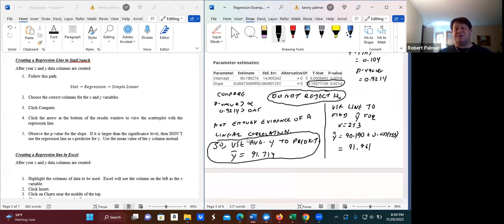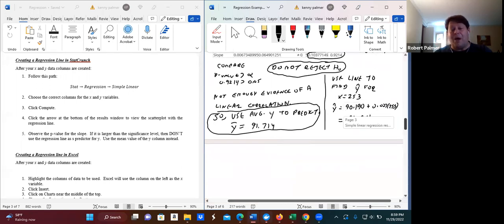Statistically, that means there's not enough evidence to use the best fit regression line as a predictor. So in a case like that, the best thing to do to predict the y values is just to use the average y value. It still may not be very good, and in this case it's not really any better, but it's better accepted because there's not enough statistical evidence to trust the best fit line. So that's the idea.